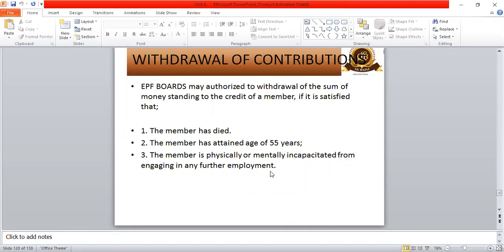So if you are no more engaged in any employment, or you are physically or mentally incapacitated, as proved by the employer, your PF contribution would end then and there itself. That's how the withdrawal of contribution happens, and these are the conditions based on which the contribution stops.